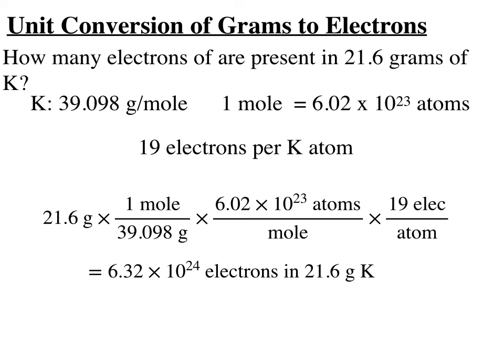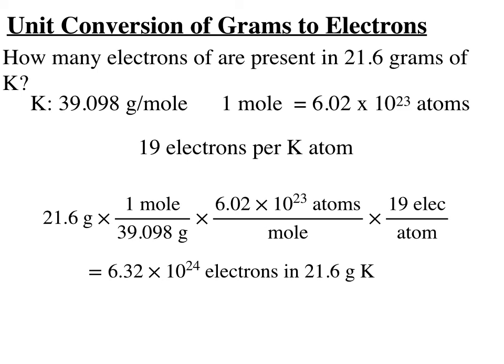So I can find that out from the periodic table, based on a neutral potassium atom having the same number of electrons as the atomic number of that atom, because that atomic number tells me the number of protons. So I find there are 19 electrons per potassium atom.